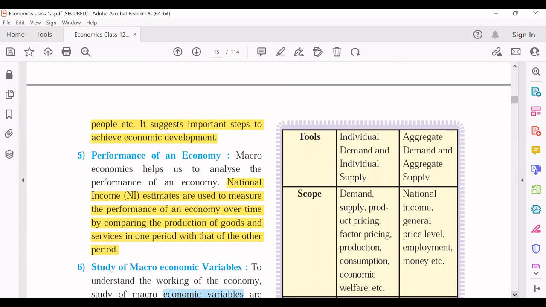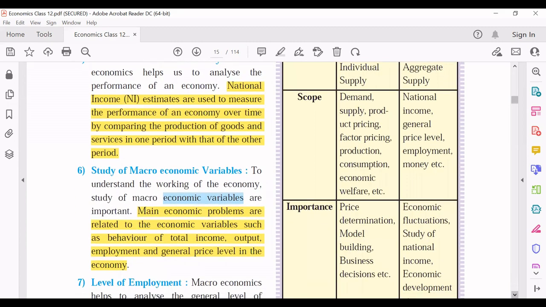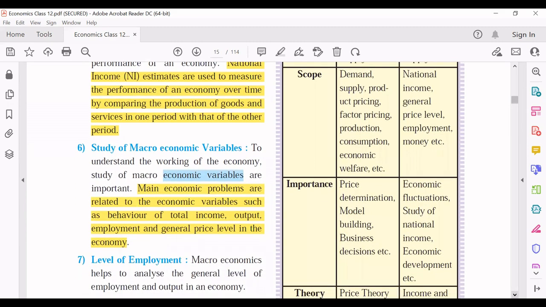It also studies macroeconomic variables, such as the behavior of total income, output, employment, and general price level in the economy. Whereas in microeconomics, it was microeconomic variables, right?